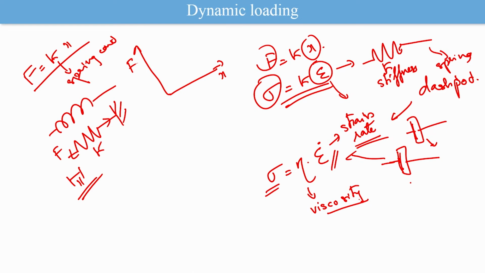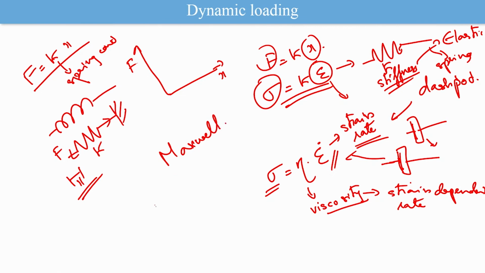So now you understand that the material, the tissue, the rubber or any other polymer can have stiffness or elastic properties as well as viscosity, the strain rate dependent behavior.